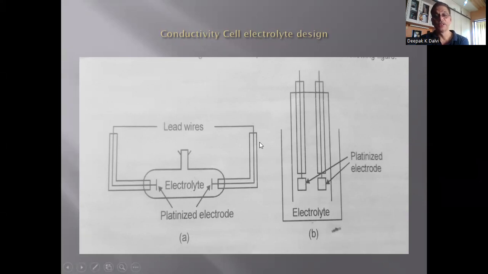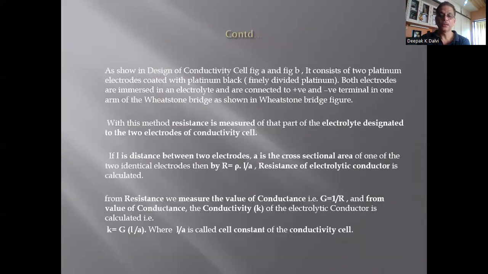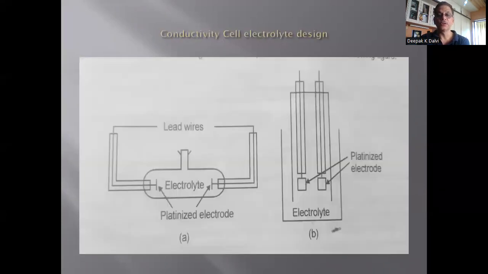Since the figure is in front of us, I would like to tell you, as you will also come to know further, that the electrode connected to the negative is called the cathode, and the other, connected to the positive, is called the anode. The ions which flow towards the anode are called anions, and the ions which flow towards the cathode are called cations. The cathode is negatively charged and the anode is positive. So this is one design.